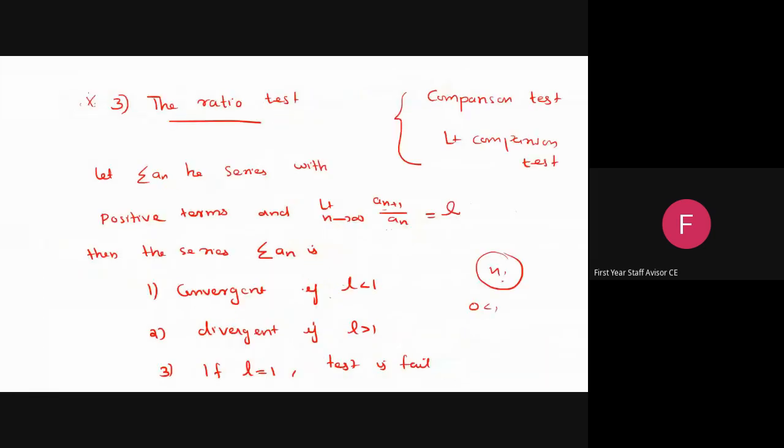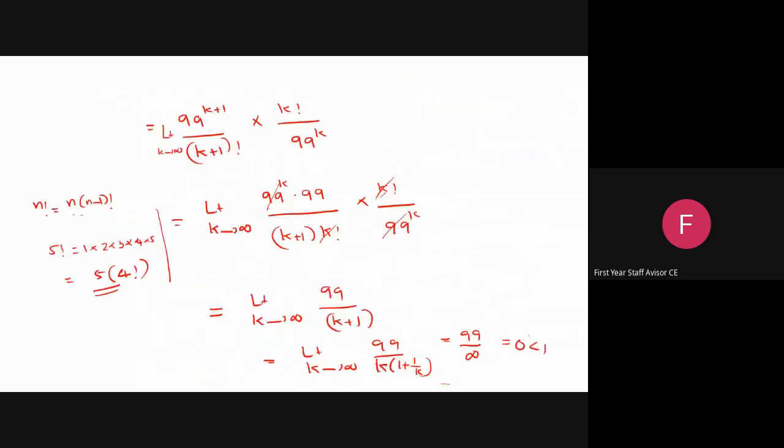Less than 1 implies the series is convergent. If less than 1, the series is convergent. So, by ratio test, the series is convergent.